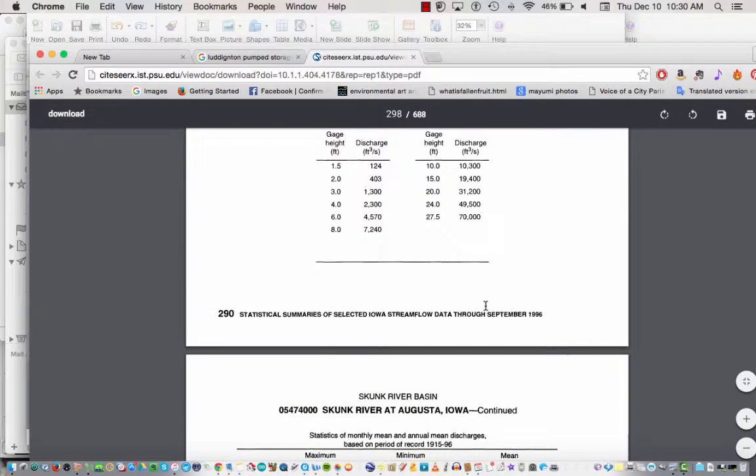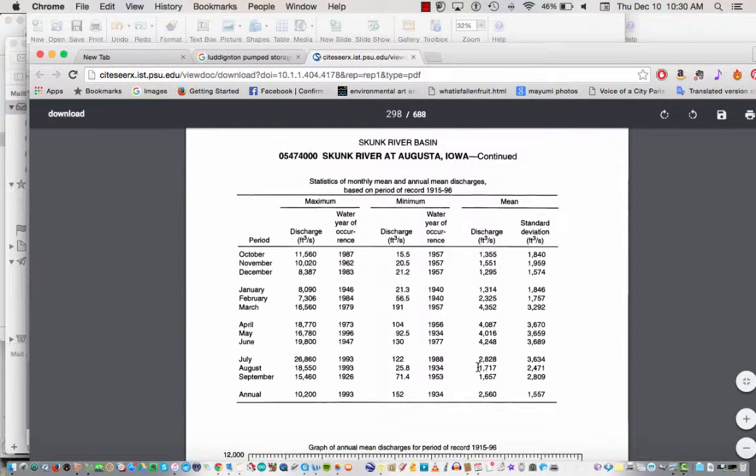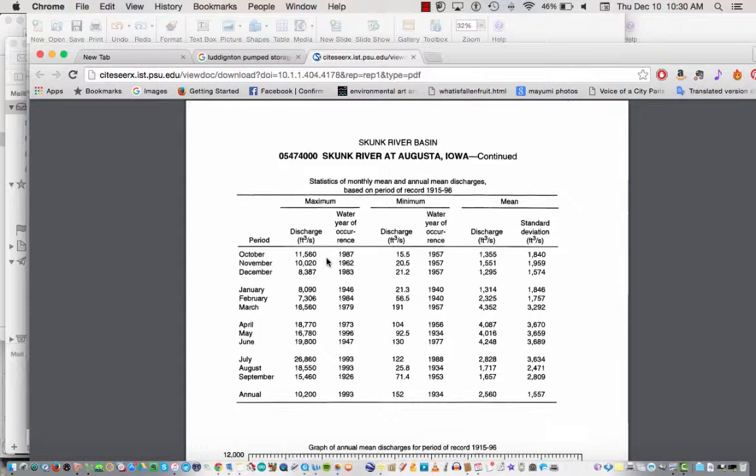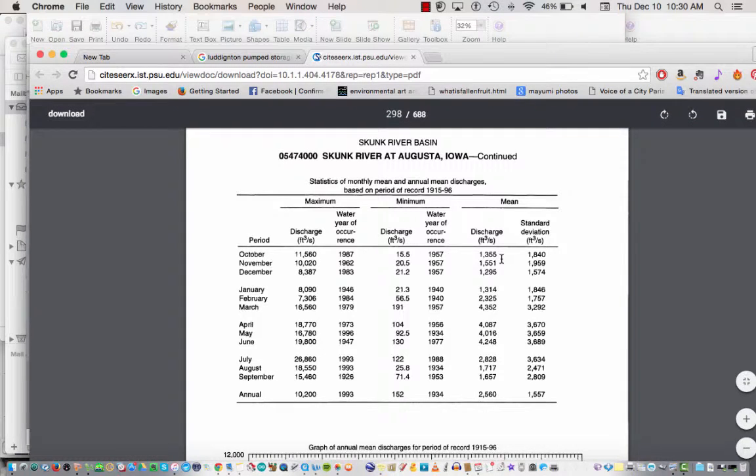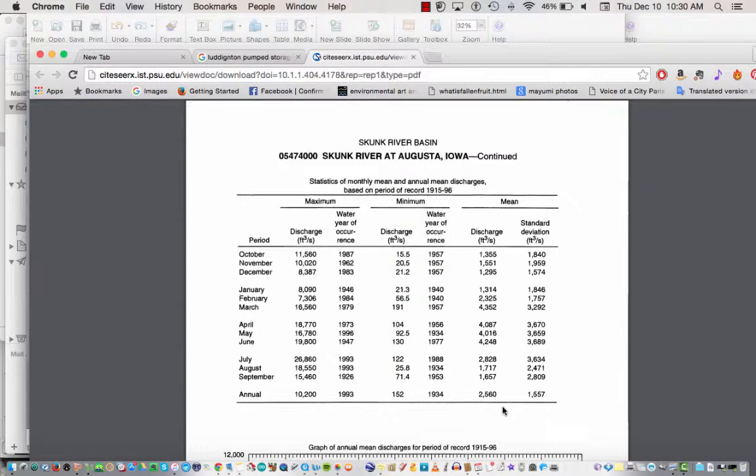Then here are some monthly mean and annual mean discharges. You can look at all the different months, the maximum, the minimum, and the average for every month. The average is about 2,560 cubic feet per second for the mean flow, and you can see how it varies from month to month.